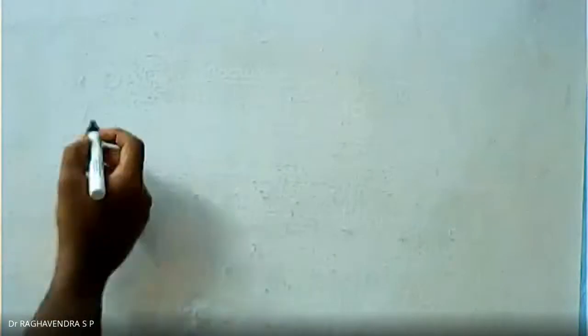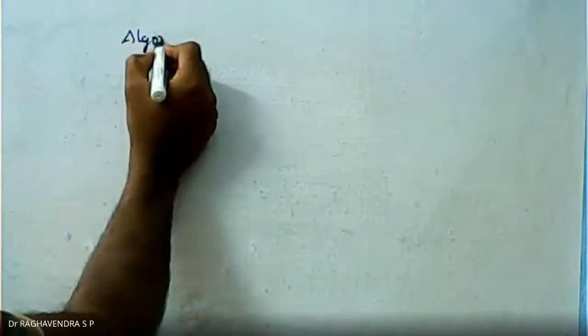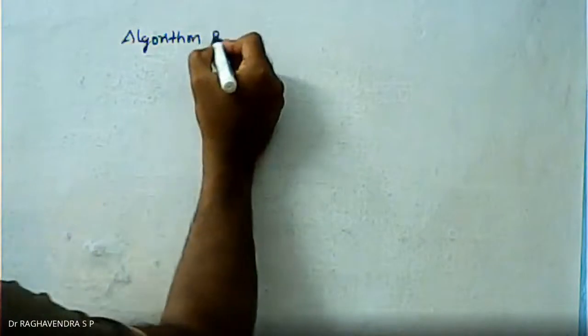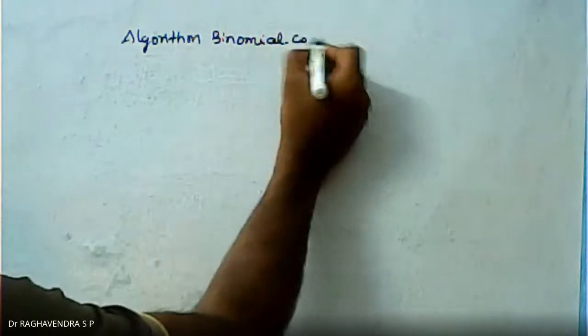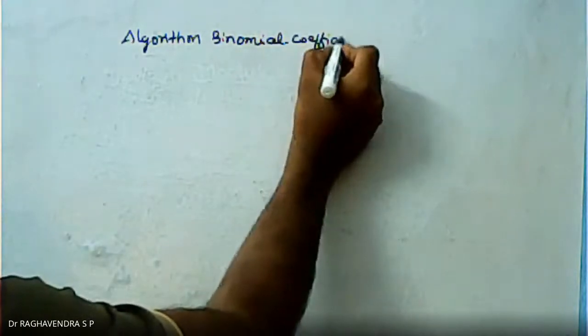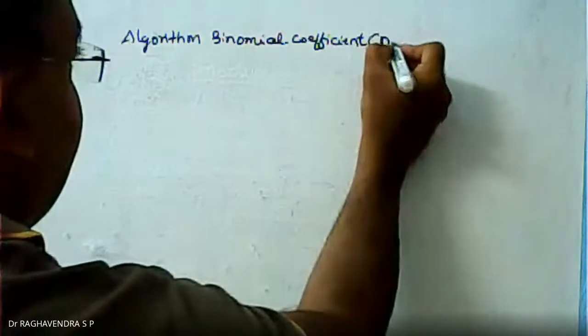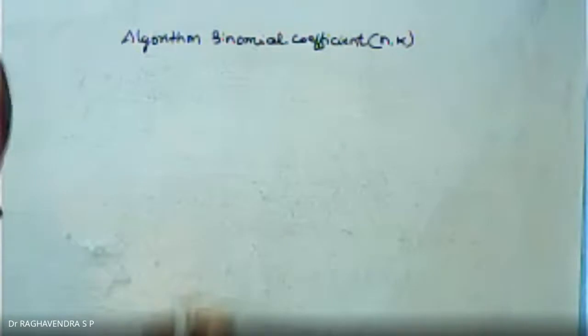Algorithm binomial coefficient (n, k). Here n and k are variables, as I have already told you.